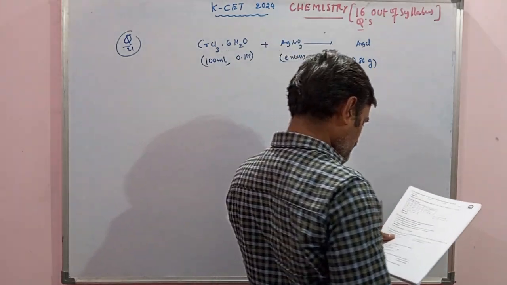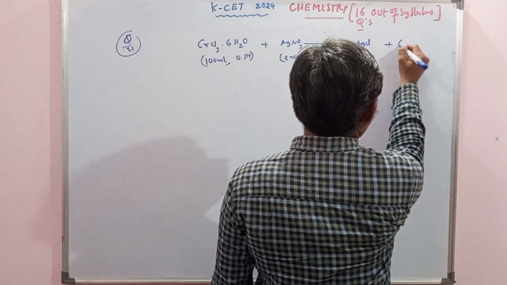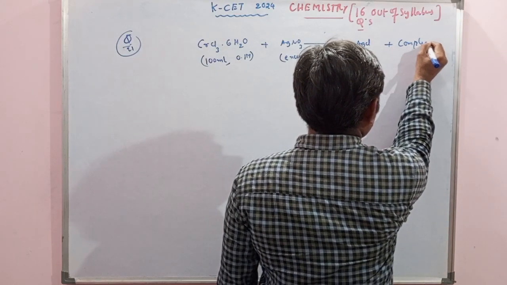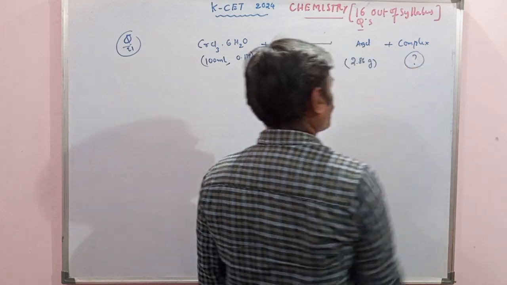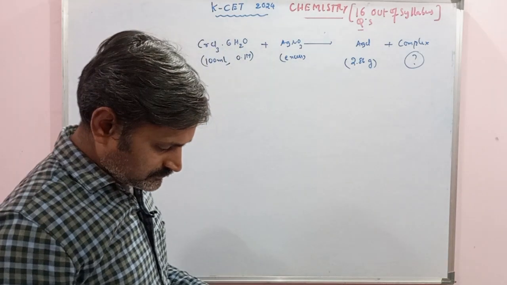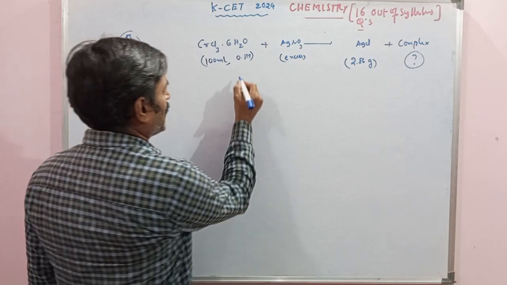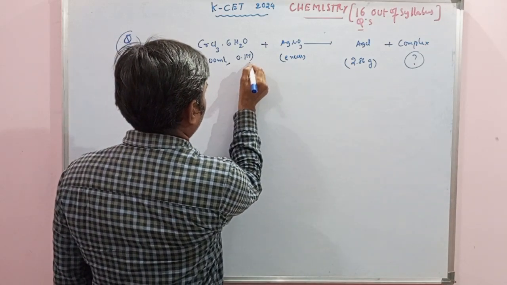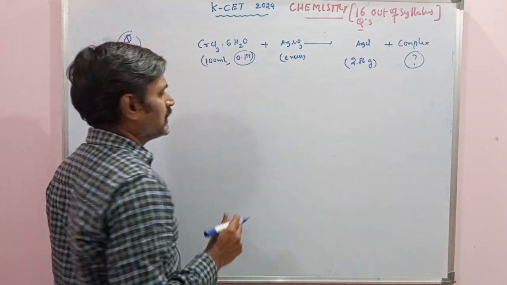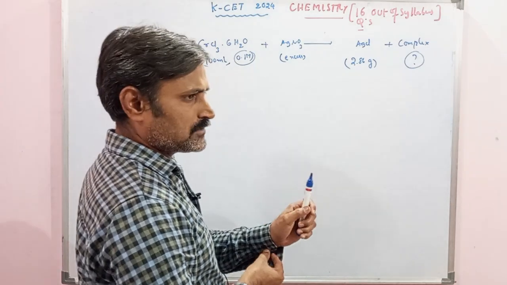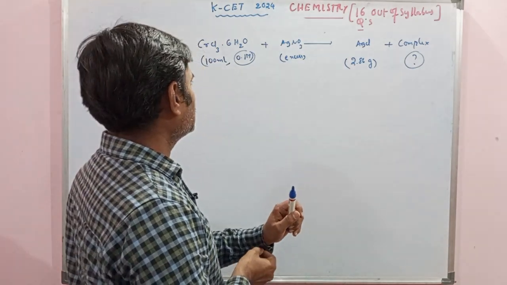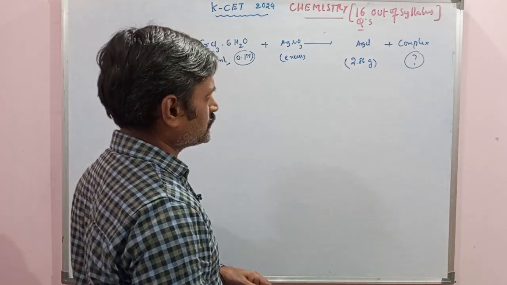The clue for us is the complex that is formed. What is that complex is the question we have. So to solve this problem, we must know the exact number of moles of the complex formula, CrCl3·6H2O.